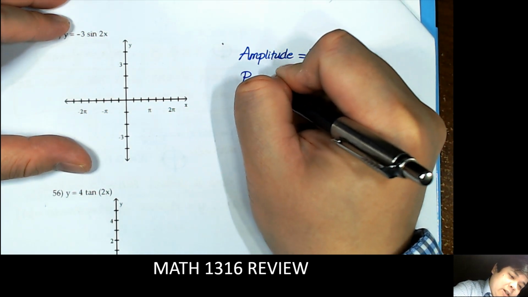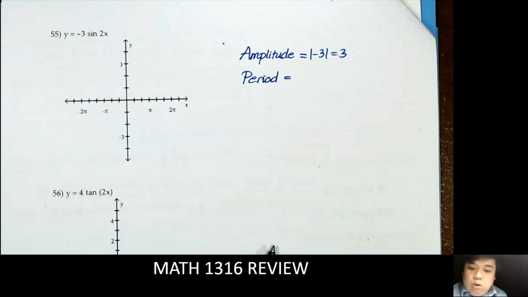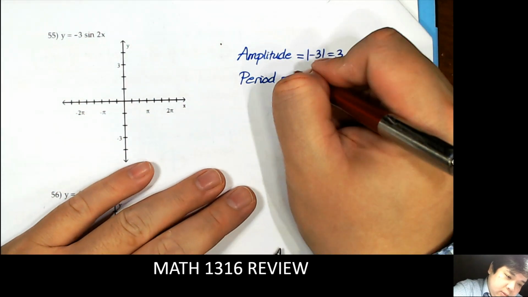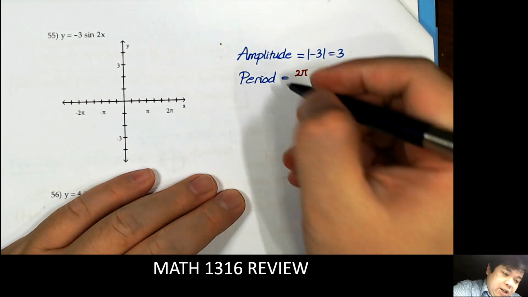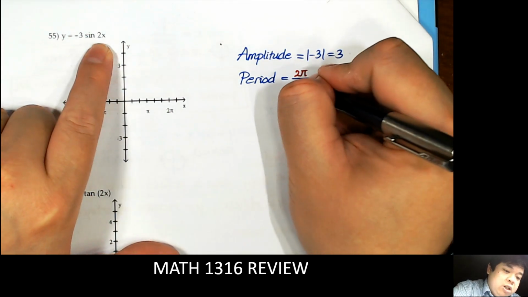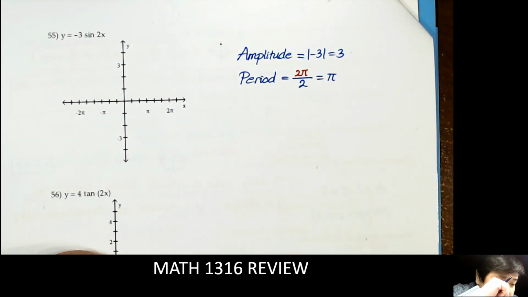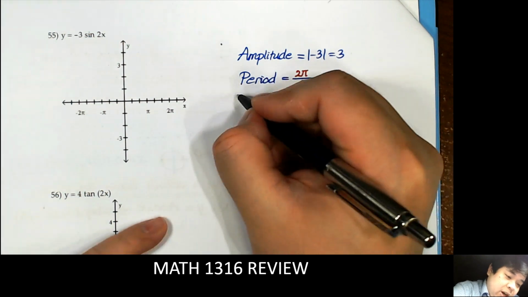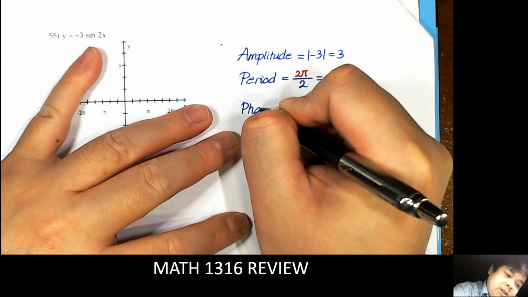The period by default is going to be 2 pi divided by the coefficient of x, which is 2. So the period is pi. Again, the scale is very bad here. For this one we don't have any phase shift or vertical shift.